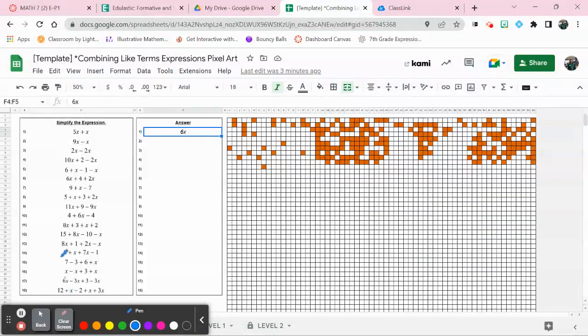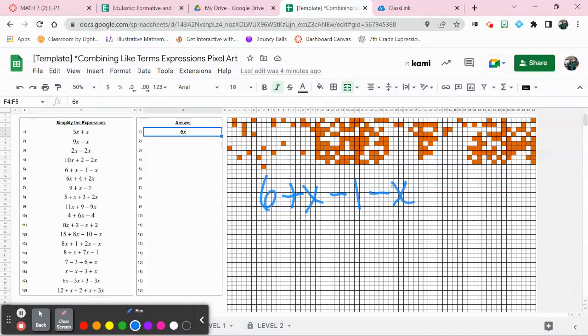All right, next one we have is 6 plus x minus 1 minus x. So remember, the first thing I want to do is get rid of subtraction by changing it to adding the opposite, doing our change.